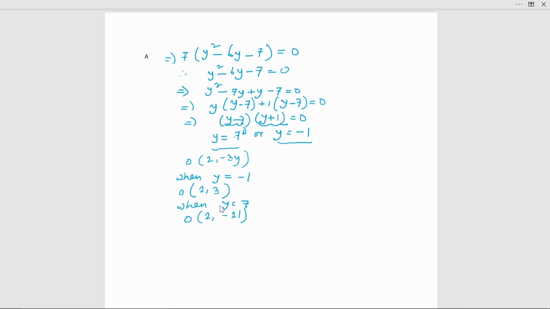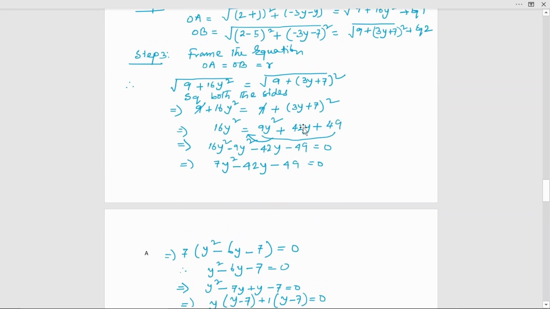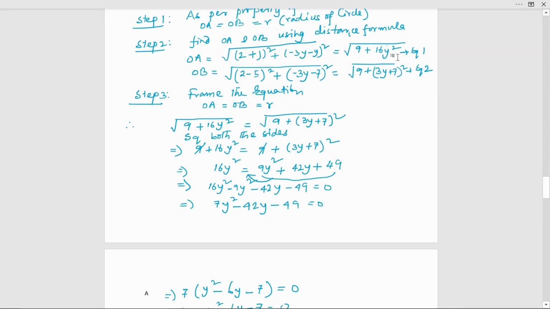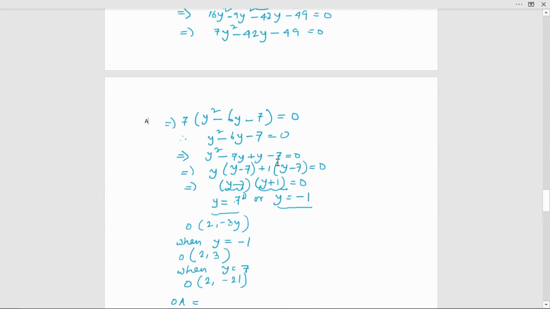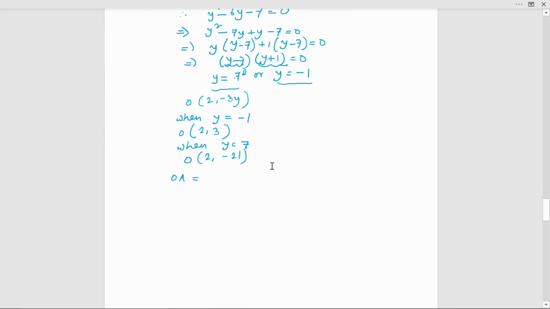And how can I find the radius? We know OA, take any one of it. So OA is given by the square root of 9 plus 16y square.